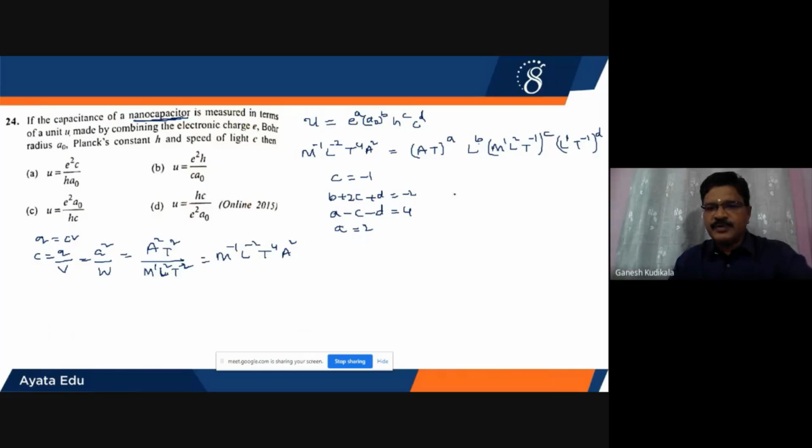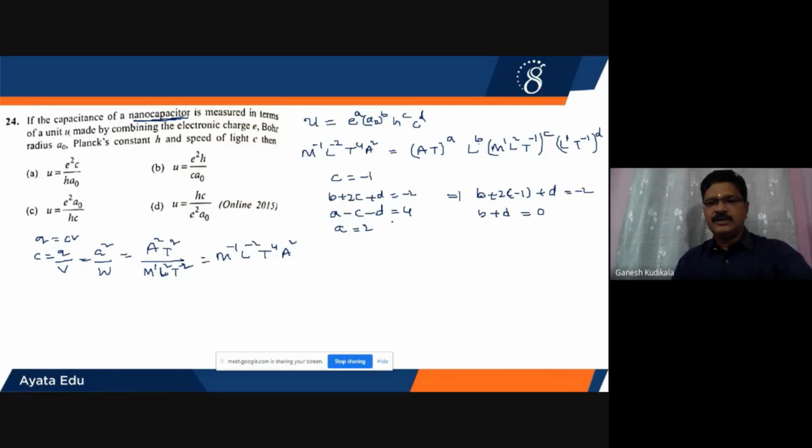Let us substitute here now. In the second equation, B plus 2C, C is minus 1, 2 into minus 1, plus D will be equal to minus 2. Therefore, B plus D, minus 2 and minus 2 will get cancelled, will be equal to 0. Definitely B will be equal to minus D. Let us take the help of this equation.